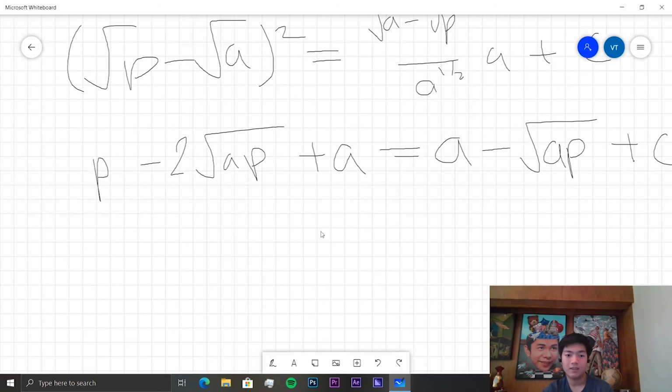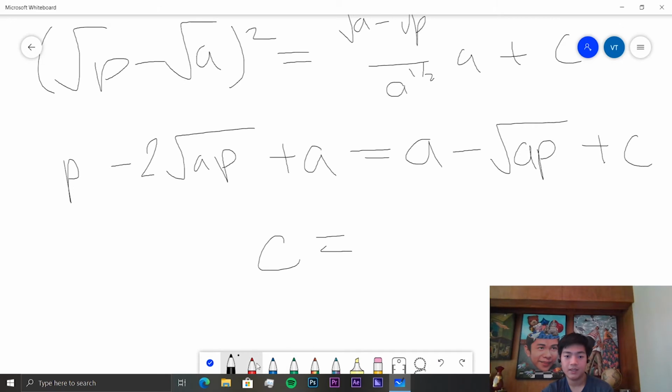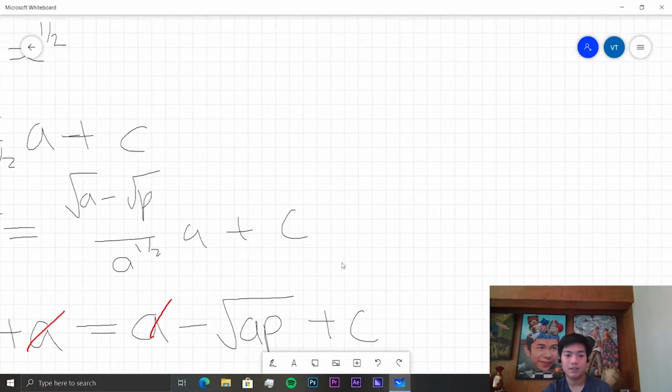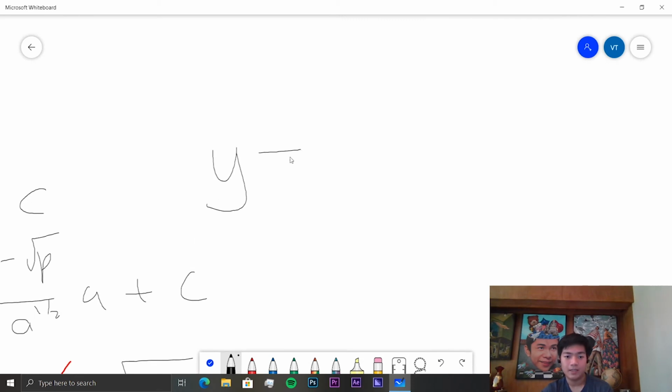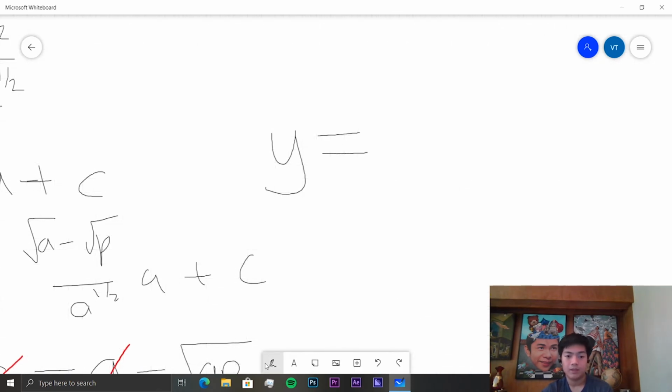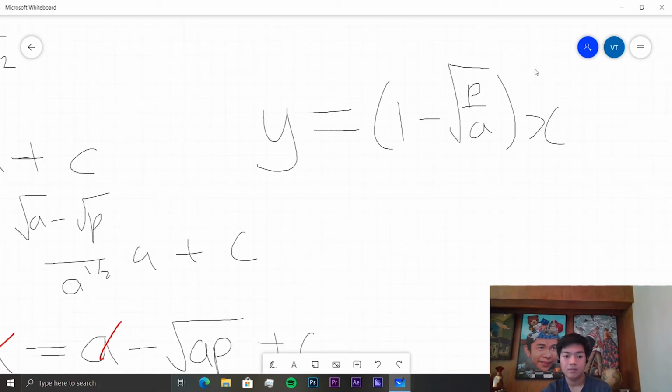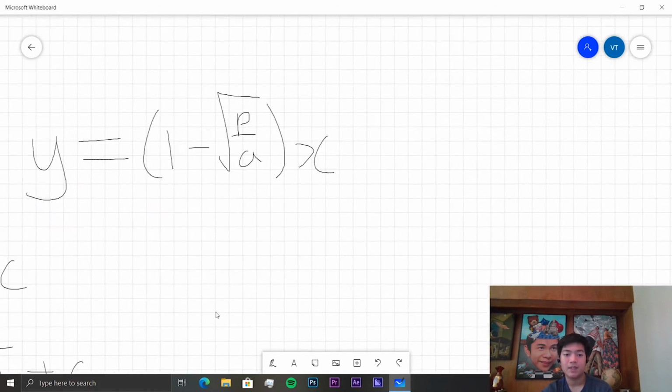So our constant here is going to be p minus the square root of ap. So we have our equation here. y is equal to 1 minus root p over a x plus p minus root ap.